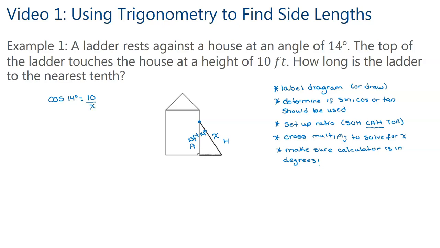Now the fourth step says we need to cross multiply now. So I can put this over 1. I'm going to multiply x by cos 14, and then set that equal to 1 times 10, which is just 10. Now in order to solve for x, we need to divide both sides by cos 14.